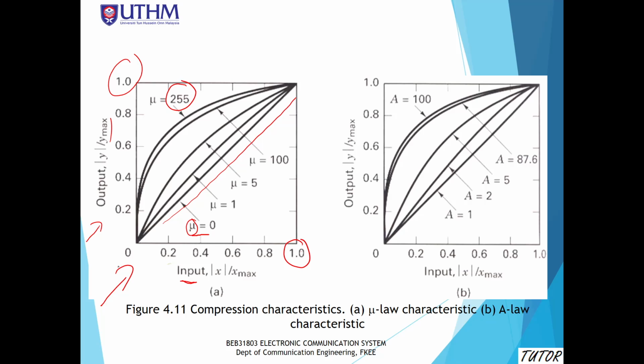Okay. So kalau kita lihat di sini, kalau kamu ada pembaris, untuk 0.2 input, 0.2 bermakna nilai yang telah dibahagikan dengan maximum value. Kalau kita menggunakan mu sama dengan 255, maka outputnya adalah lebih kurang 0.7 for example.